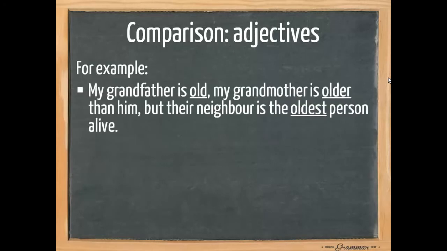For example, my grandfather is old, my grandmother is older than him, but their neighbour is the oldest person alive. So, my grandfather is old. Here, old is an adjective because it says something about the noun, my grandfather. Then when we compare my grandfather to my grandmother, we must conclude that my grandmother is older, so here we use a comparative.